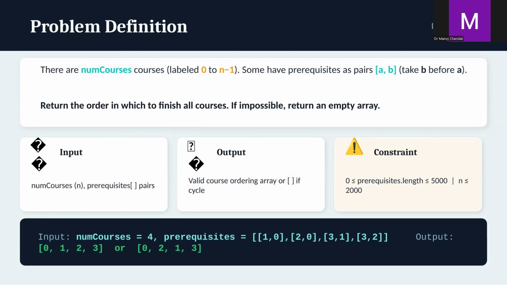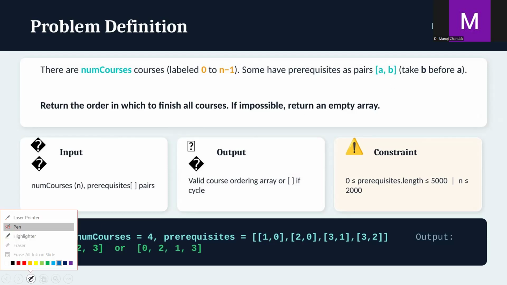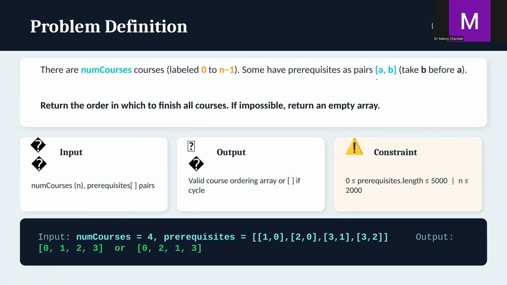For example, if I write a comma b, then it means that if I'm trying to take course B, I will have to finish off course A first. So I cannot take course B before taking course A. So it means that there is a dependency between course A and B.